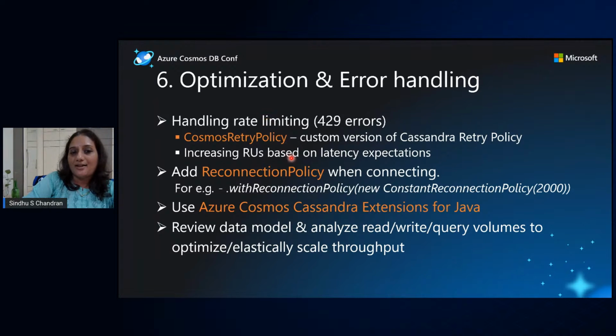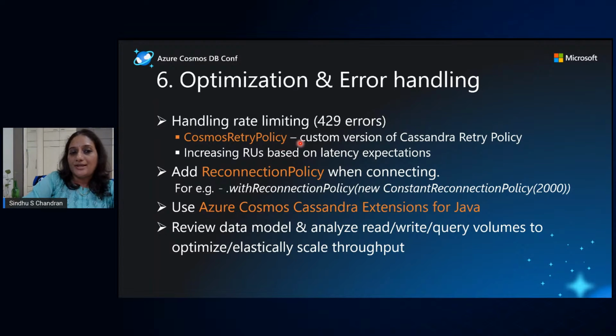You could increase the RUs based on the latency expectations, and even if the RUs per second becomes a little less than what is provisioned, you really do not want your job to fail. So it is advised that you implement the Cosmos Retry policy, which is a custom version of the Cassandra retry policy. So this is available as an open source GitHub project.